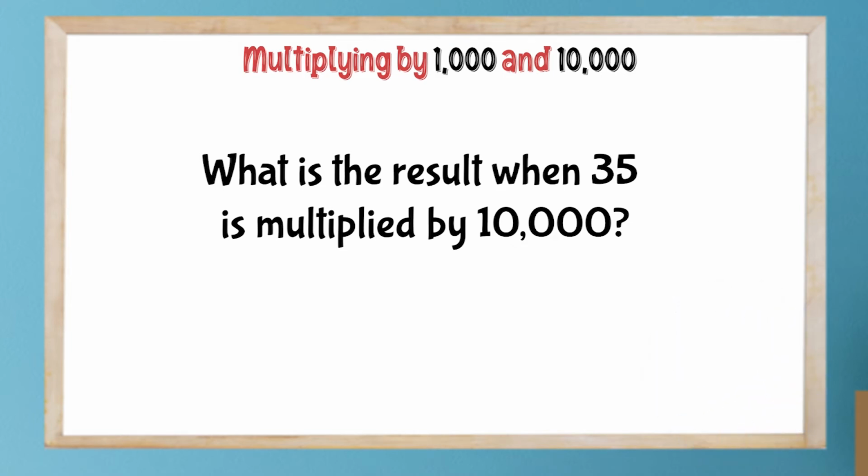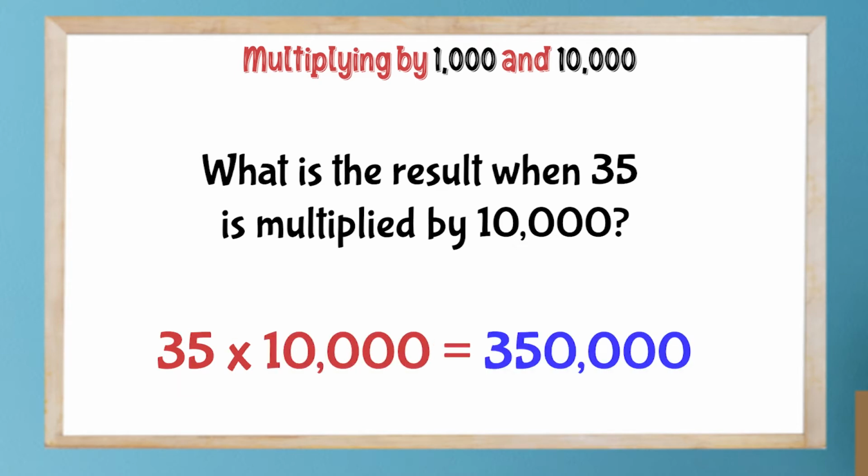We write back our number. We rewrite the multiplicand and then we add 4 zeros because the number 10,000 has 4 zeros. So we write back our 35 and we add 4 zeros.